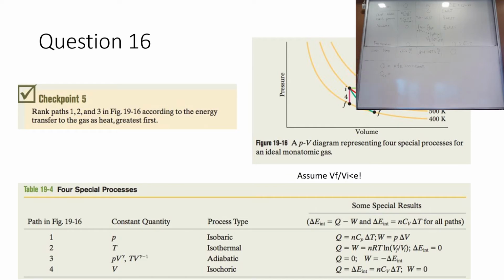Something wrong there, yeah. So this is the formula that we have: nRT times log of Vf over Vi. But then T here is 500, right? So it's going to be 500 nR and then log of Vf over Vi.